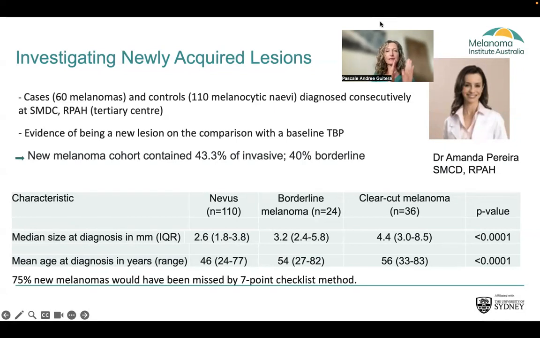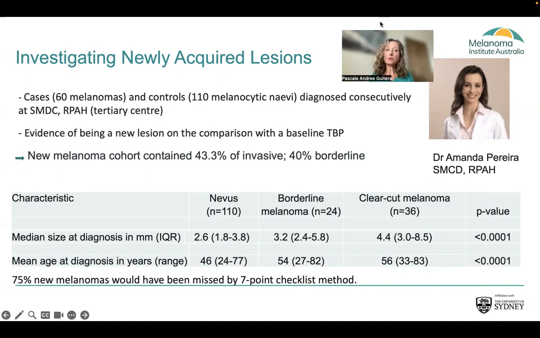In this table, you can see the nevus, the borderline, and the clear-cut melanoma that we put apart. The median size at diagnosis in millimeters was 2.6 millimeters for the nevus, 3.2 for the borderline, and 4.4 for the melanoma. So most likely telling us something about the biology of this lesion.